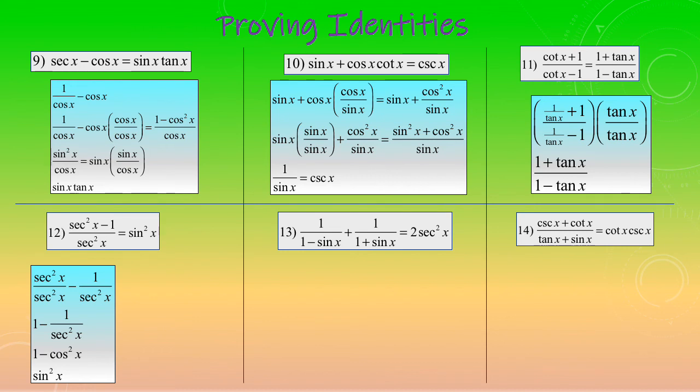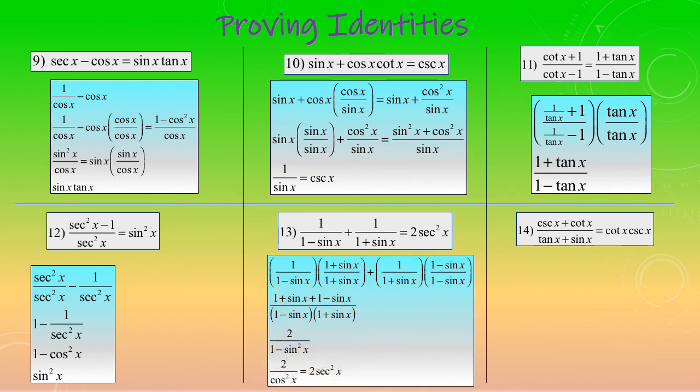Secant squared of x over secant squared of x is obviously 1, and we're left with 1 minus 1 over secant squared of x. But using the corollary to identity number 2, we have 1 minus cosine squared of x. And realize that we now have the corollary of the Pythagorean identity. We are left with sine squared of x.